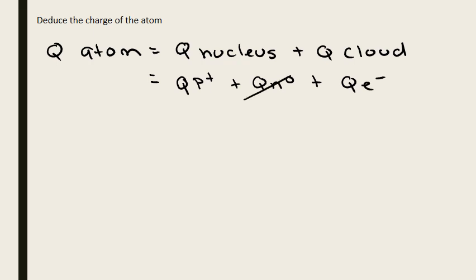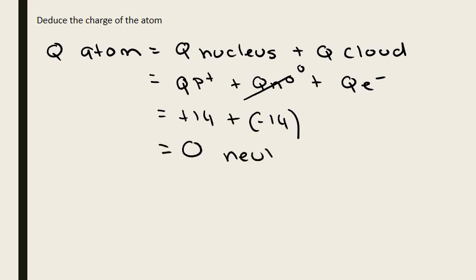We said that the charge of the neutrons is 0. We found out that the charge of the protons is plus 14 and the charge of the electrons is minus 14. So therefore this equals 0, so it's neutral.